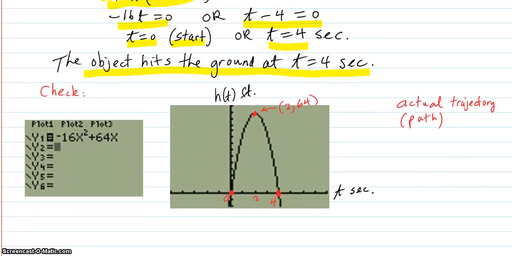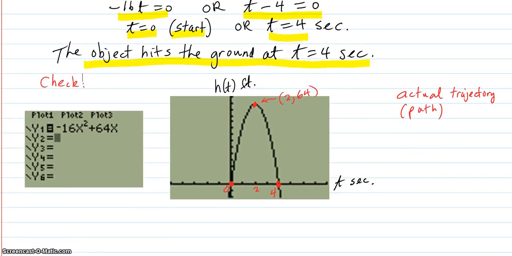And graphically, this is always a good way to look at it. You put the function in here. Notice that it uses x instead of t because the calculator just needs to see the x. But it's really the same thing. We're still going to label it as t and h of t. Now it's important that you understand this graph. This is not the trajectory of the object.